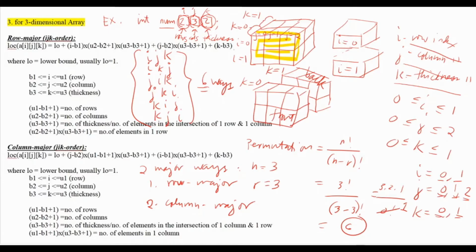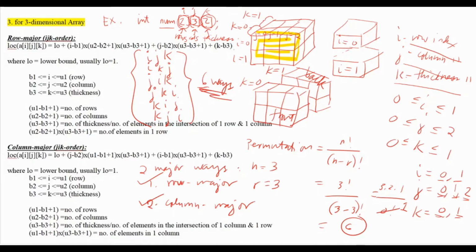So although there are 6 ways to order the 3D array elements in the RAM, there are only 2 ways that most computer or memory manufacturers are using: the row major and the column major.